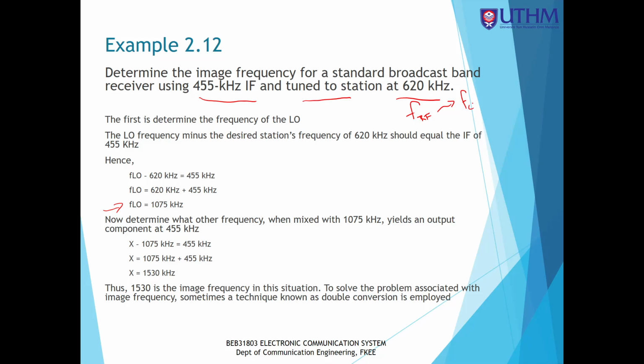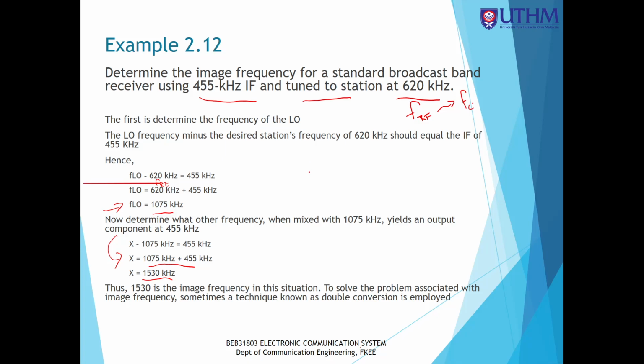FLO is located at FRF plus FIF, so we get 1075. From FLO, we can determine the image located at FLO plus FIF, which is 1530 kilohertz.